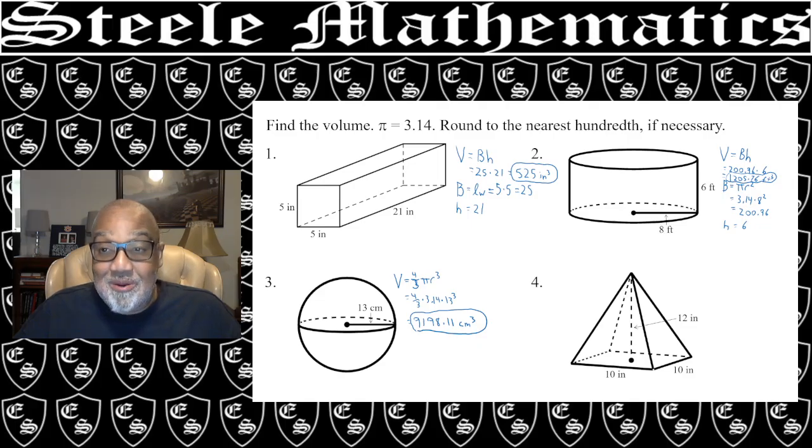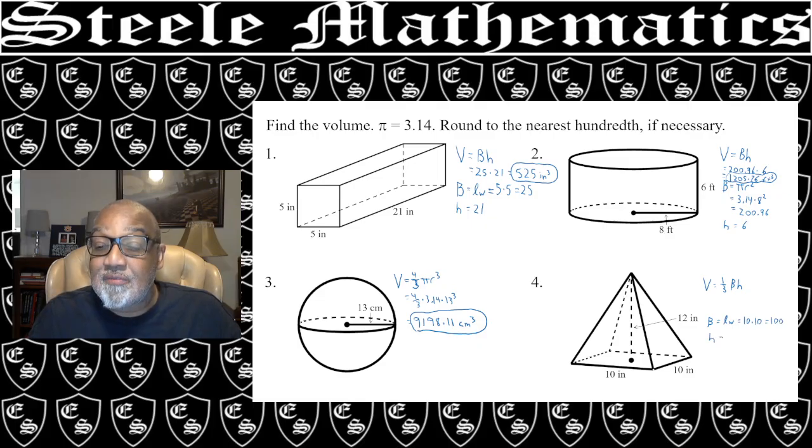Finally, we have a pyramid. So this is the formula we use for the volume. All right, so the base is shaped like a square. So we use length times width, which is 10 times 10, which is 100.